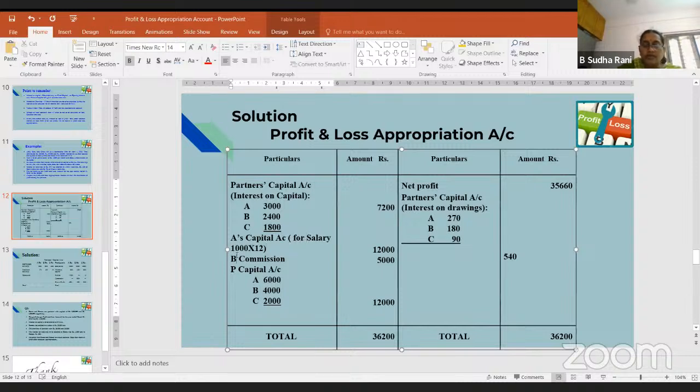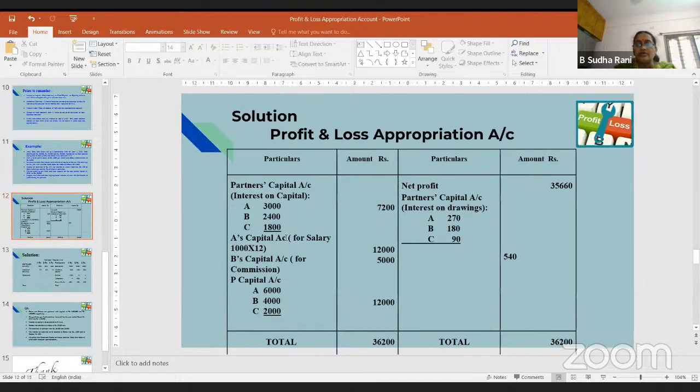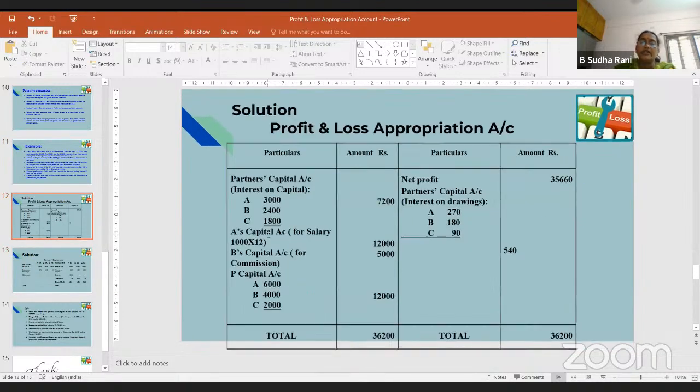B's capital account for commission. So many times you are writing capital account. So why are you writing that in the brackets? You are supposed to mention it. Salary is taken by only A, so A's capital account we will write.